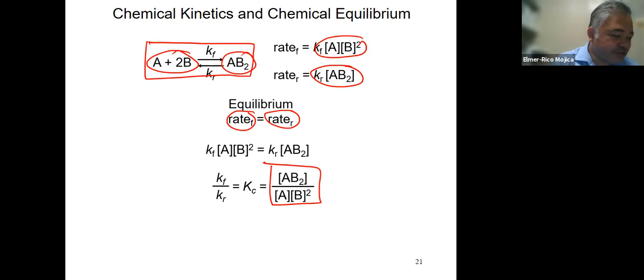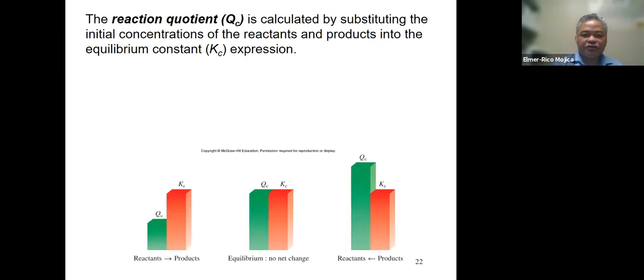Now, the next thing that we're going to do is the so-called quotient. How is quotient different from equilibrium expression? Quotient is just the same as equilibrium expression. The only difference is quotient can happen anytime during the reaction. Kc only happens when?